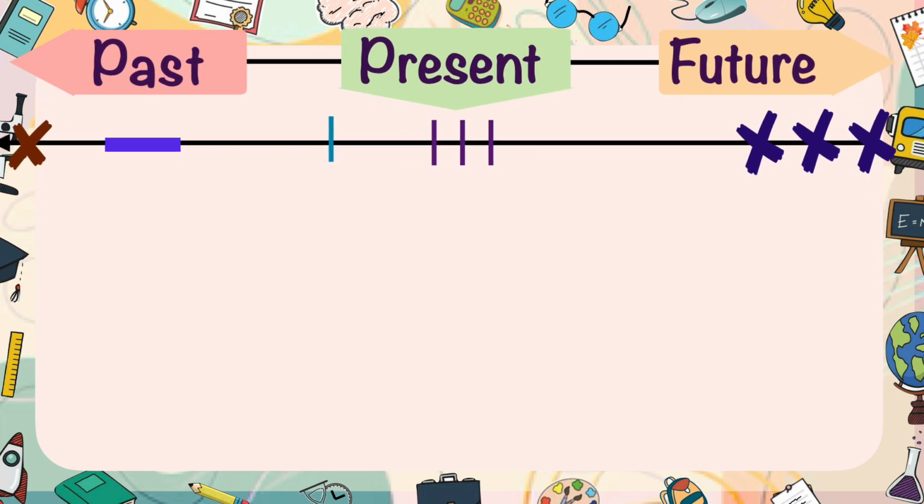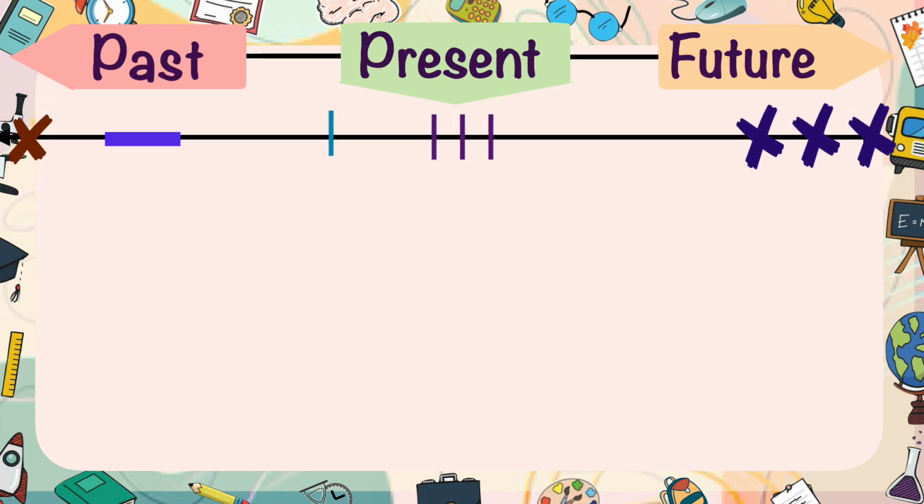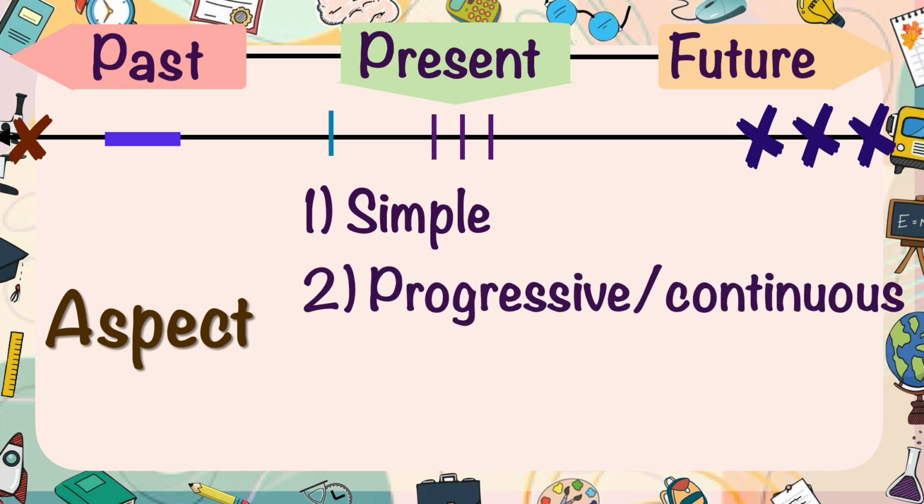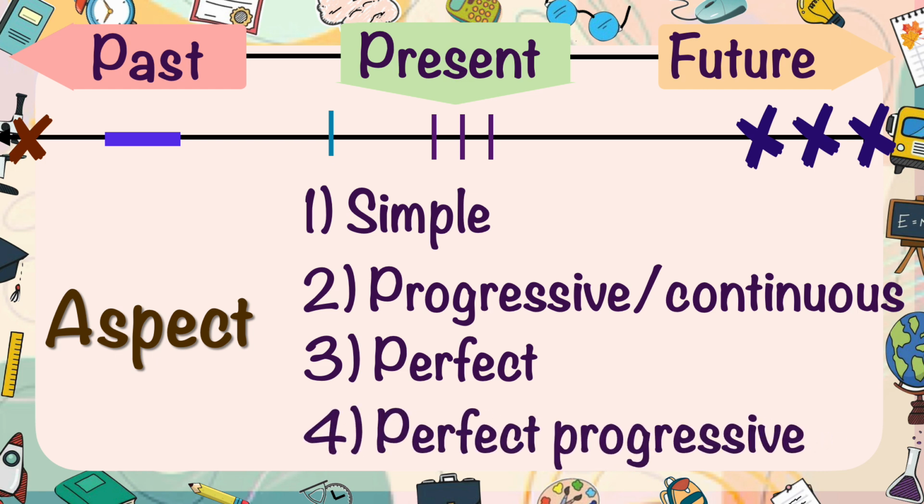In order for us to talk about all these situations, each tense has 4 aspects. The simple aspect that shows an action happening at a particular time, the continuous aspect that tells that an action was ongoing or is ongoing or will be ongoing, the perfect aspect that indicates that something happened before another or has a connection to the time being talked about, and then perfect progressive, which indicates the continuation of an action up to a certain point.